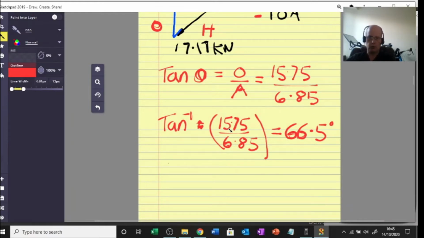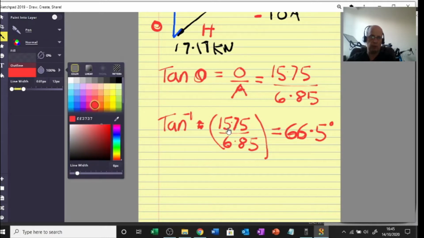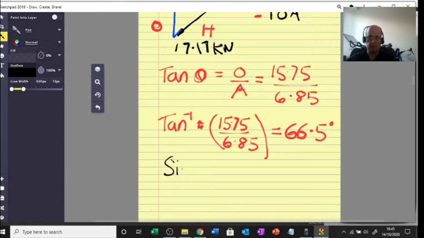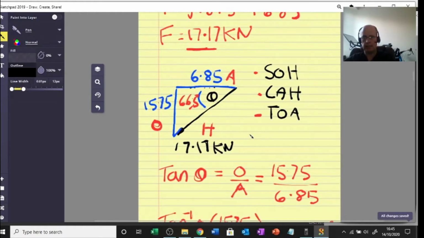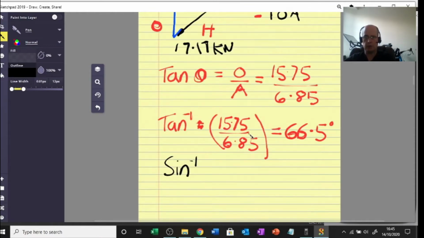I'll use cos or sine. We can use sine of the angle. Obviously we're going to use sine inverse, and sine is opposite over hypotenuse.